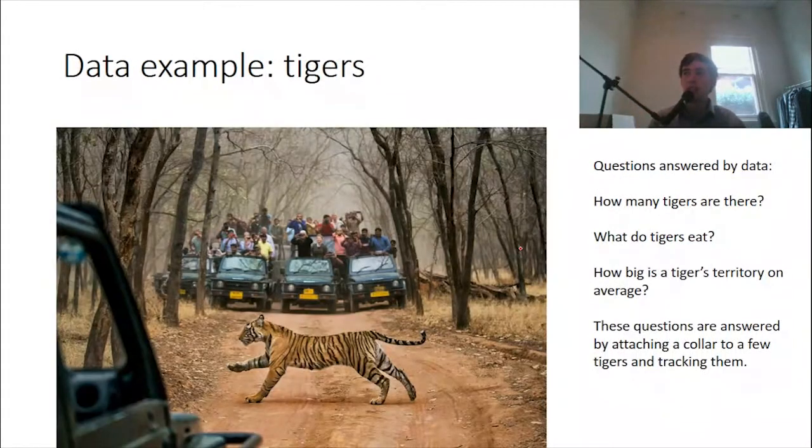In India, I read a story about the government collecting data about tigers and how many tigers were left in the wild. Tigers are an endangered species, so that's why people need to collect data about them, so that they know how they are going.